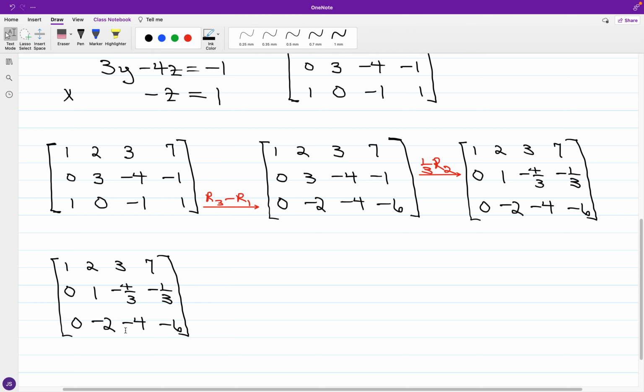I can eliminate the -2 by adding 2, either by adding directly to the first row or adding twice the second row. My recommendation, since I want to stick with integers as much as possible, is to add R3 and R1 together.